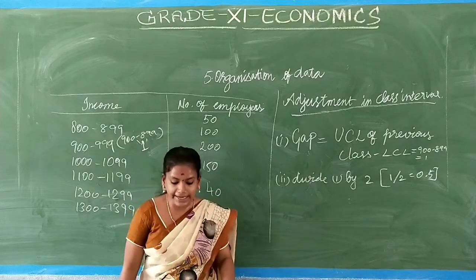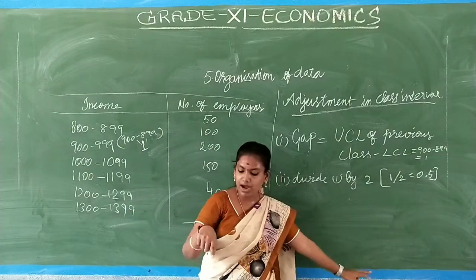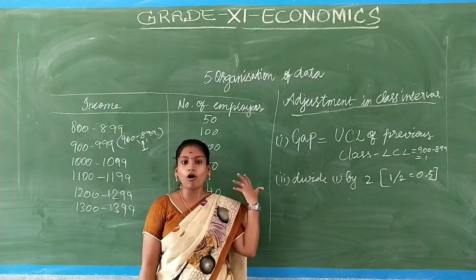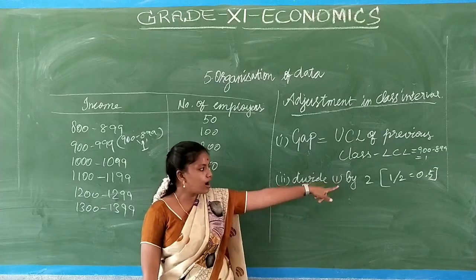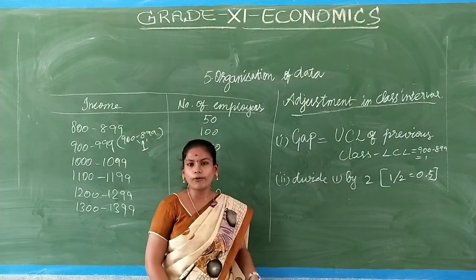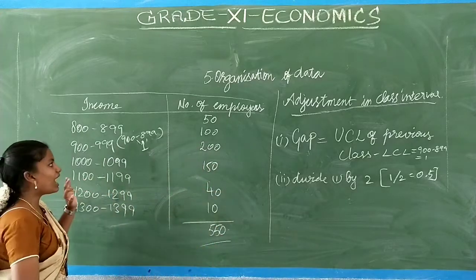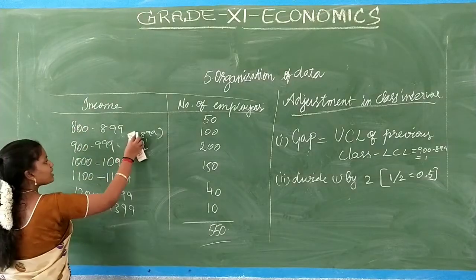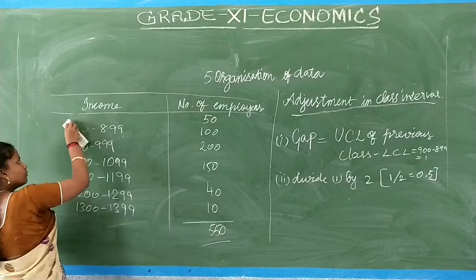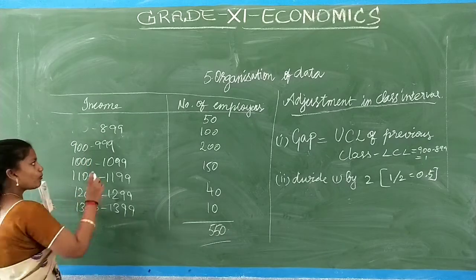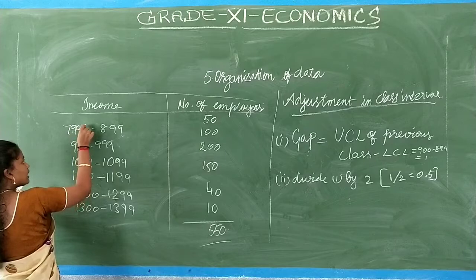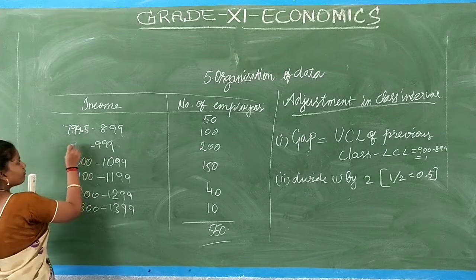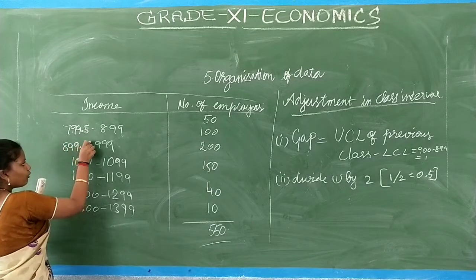Subtract the value obtained here, whatever you have obtained, here marked as 2, from the lower limit of all classes. So you have found the gap adjustment, that is 0.5, and from the lower limit you have to deduct that 0.5. Everywhere you are deducting 0.5. So 800 minus 0.5 will become 799.5. Same way, 900 minus 0.5 will become 899.5.